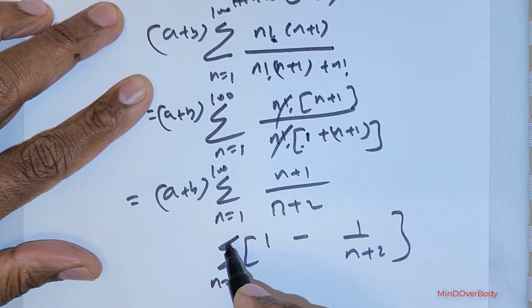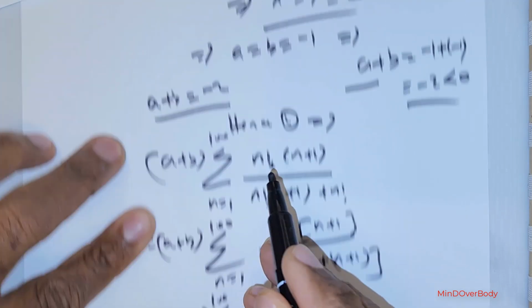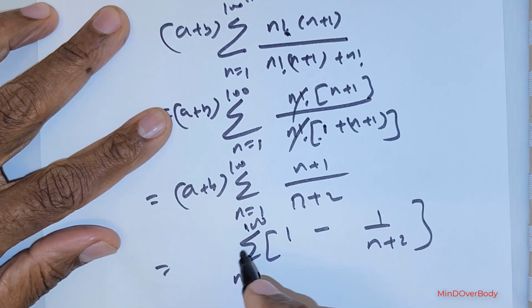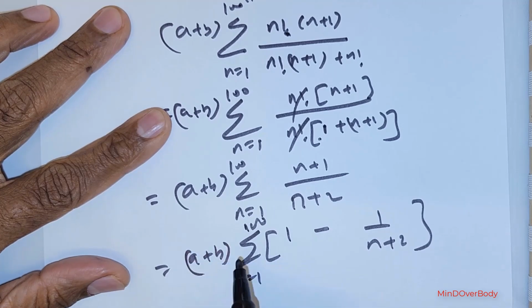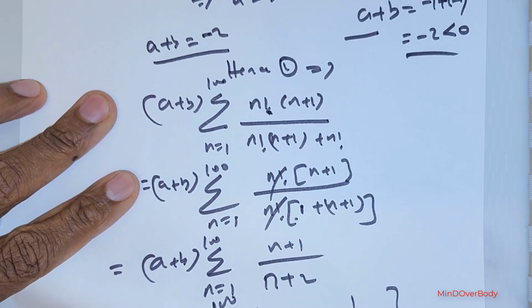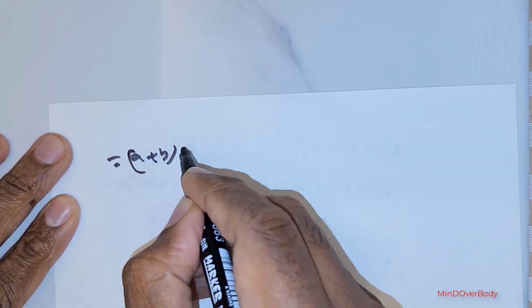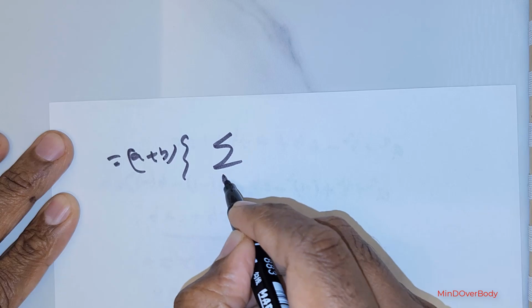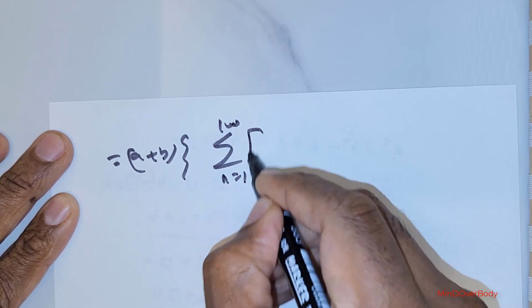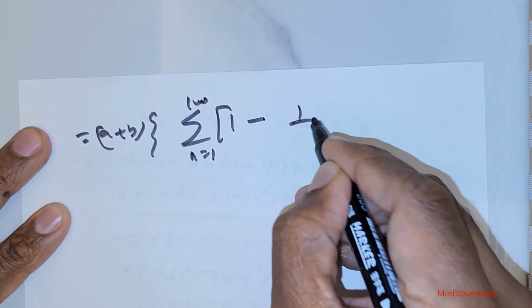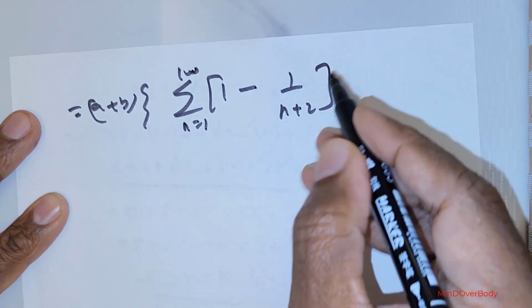Okay, fair enough. n is equal to 1 to 100. You have a + b. A + b, we have already got it. I don't want to substitute it as of now, so let me retain it as it is. So this is equal to (a + b) Σ n = 1 to 100. We just got this 1 - 1/(n + 2).